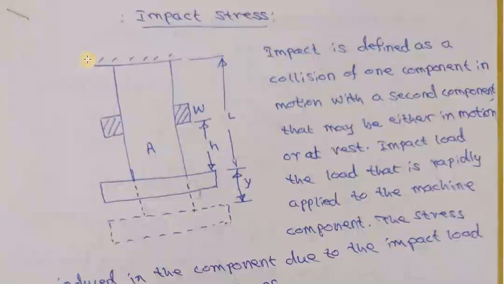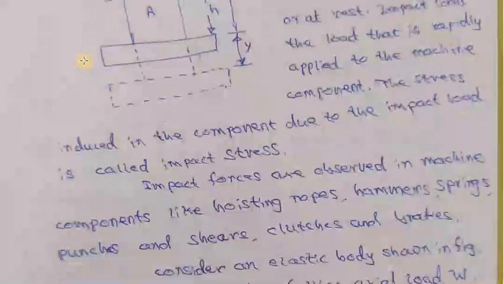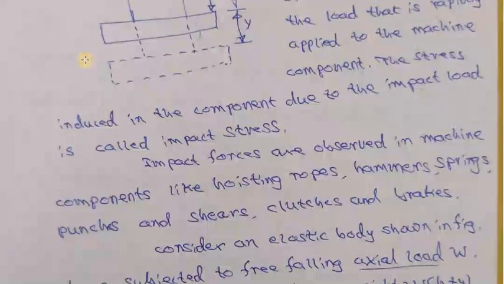Now let us say in machine members we have this kind of load in machine components like hoisting machines, hoisting ropes, and hammers. When you hammer on an anvil or other component for forging, there is an impact.